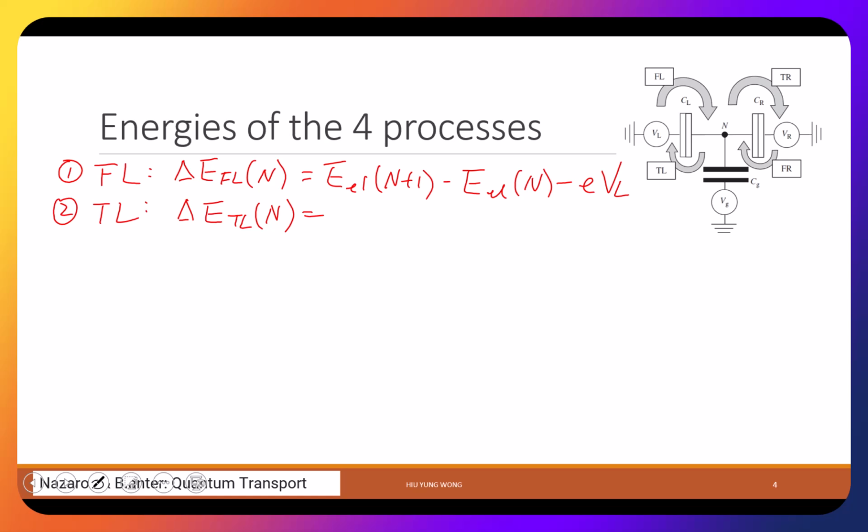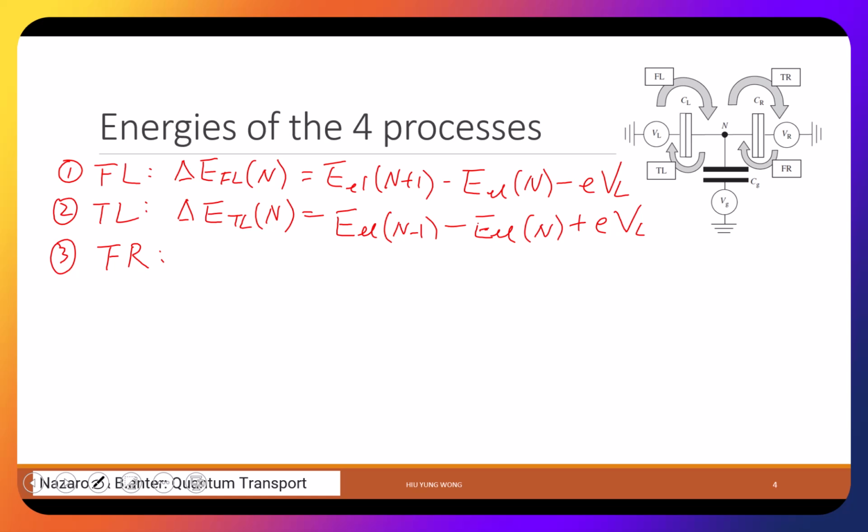So it's going to be EL of N minus 1 minus what? The original energy, right? Minus EL of N, but it's to the left, so now it is plus EVL. Okay, so we can follow the same logic for the right.